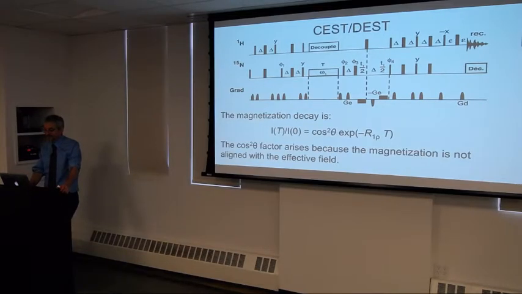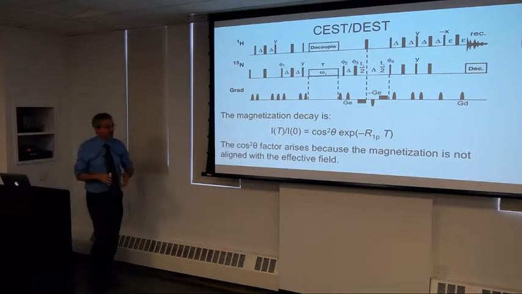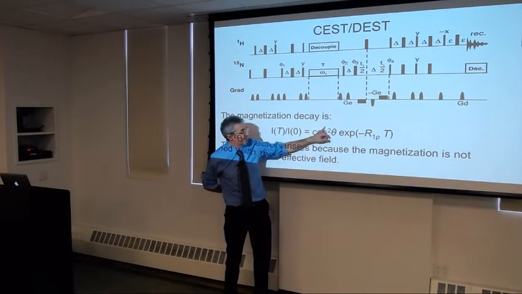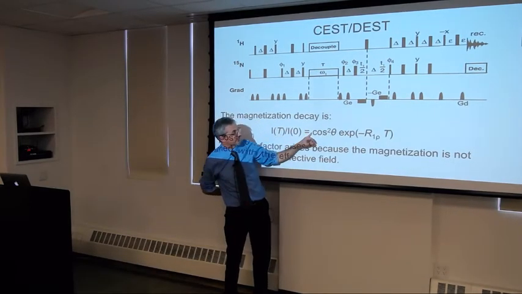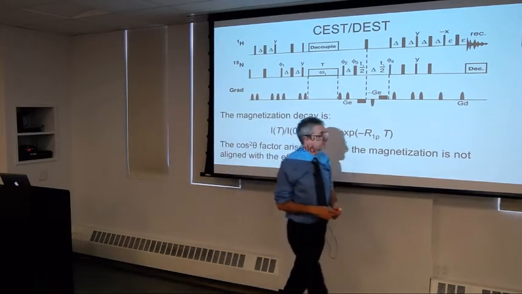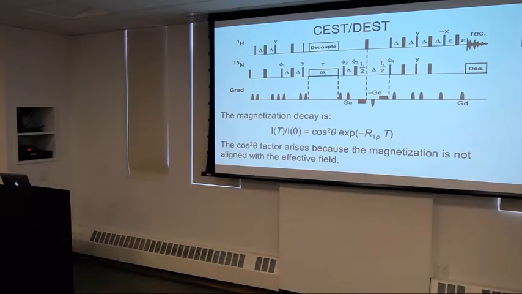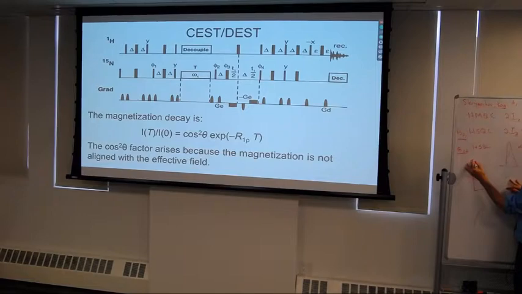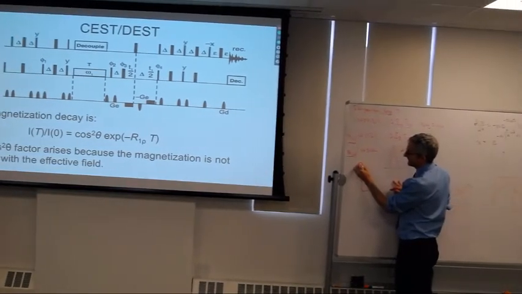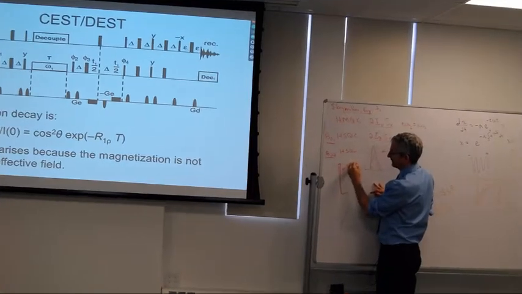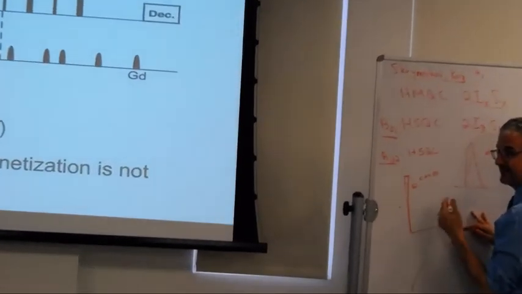So the magnetization decay, if we think of it as R1 rho-like, we're going to have a decay due to R1 rho. And then there's a factor of cosine squared theta. The first factor of cosine squared theta comes because we don't bother aligning the magnetization initially. So the magnetization that's along the effective field only goes as cosine theta. Some of it is dephased.